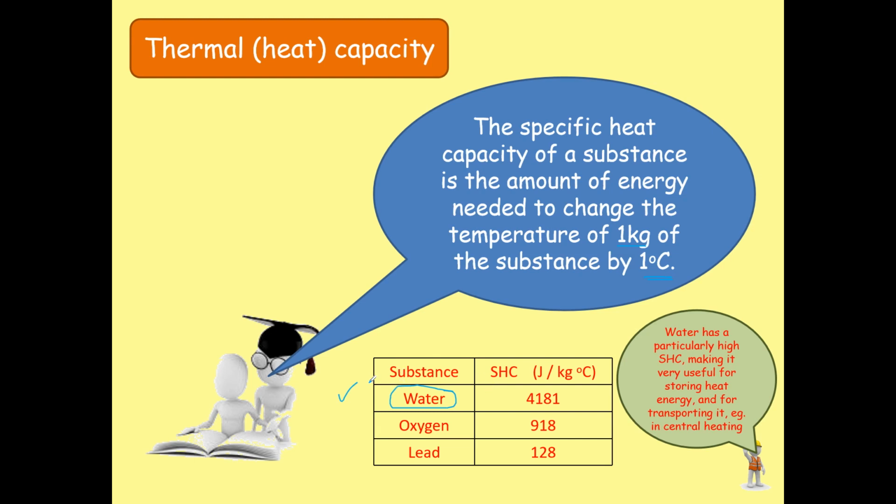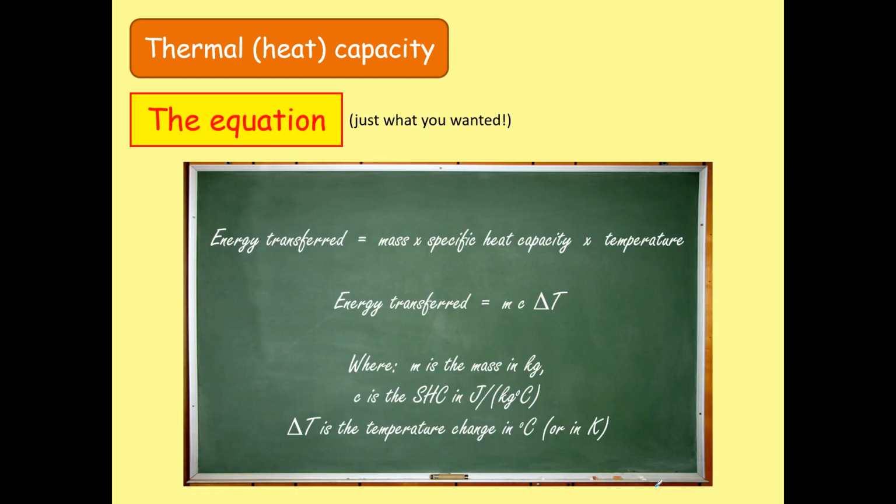Our cars have radiators that utilize water as a heat exchanger. Then we have other heat storing devices, for example steam heating for housing. Water having a particularly high specific heat capacity makes it very useful for storing heat energy and for transporting it, for example in central heating. So water has huge applications due to its unique and high specific heat capacity.